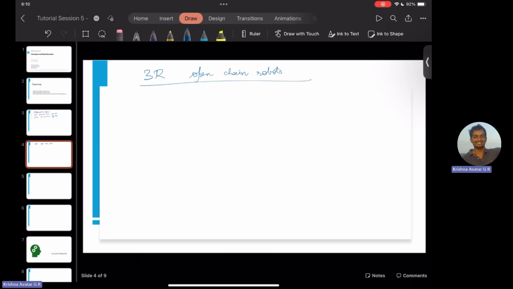Now the question comes, what are open chains? Open chains are those mechanisms in which one end is free. So for 3R, the kinematic diagram would look something like this. You would have 3 R joints, and this is the end effector.